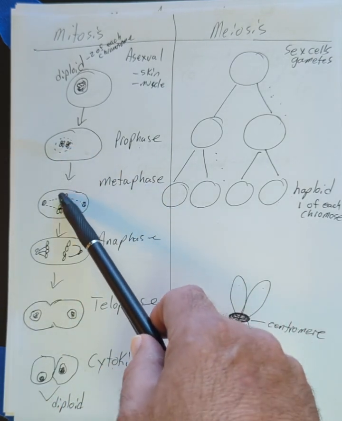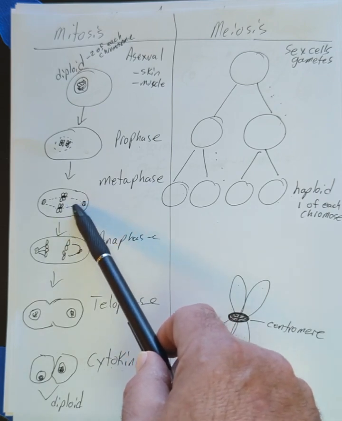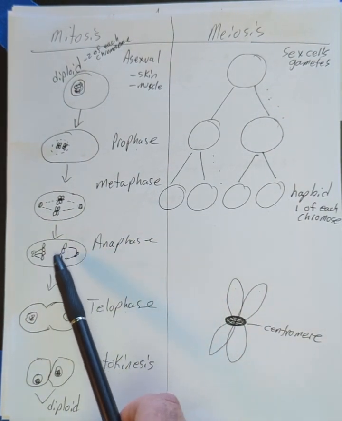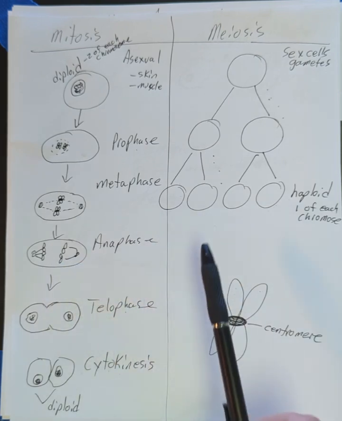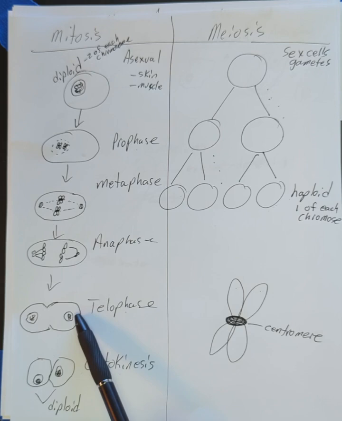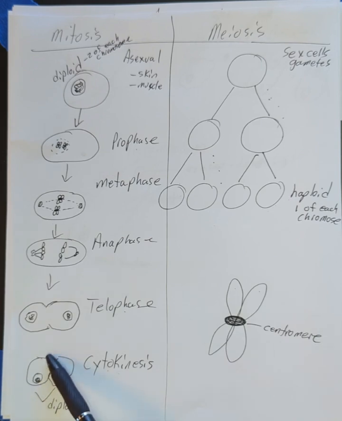During metaphase, the chromosomes line up and little spindle fibers attach to them. During anaphase, the sister chromatids are pulled apart. And then in telophase, you end up with 2 nuclei forming with the copied DNA, and then during cytokinesis, the cleavage furrow deepens and divides the 2 cells.